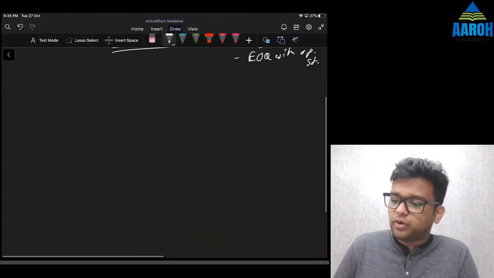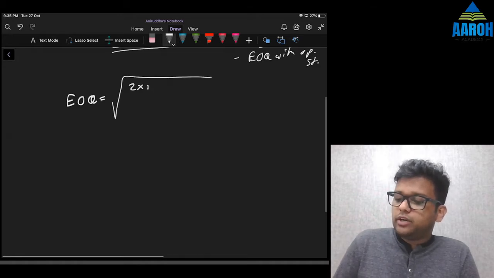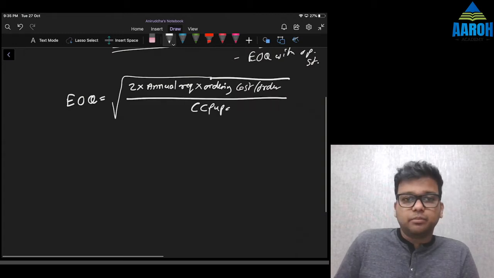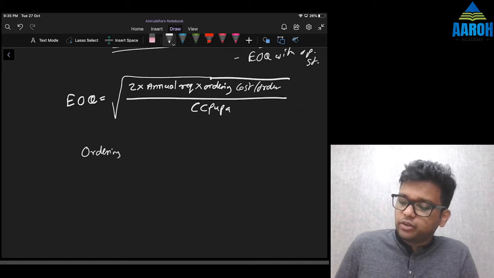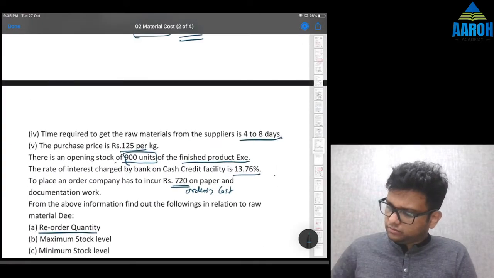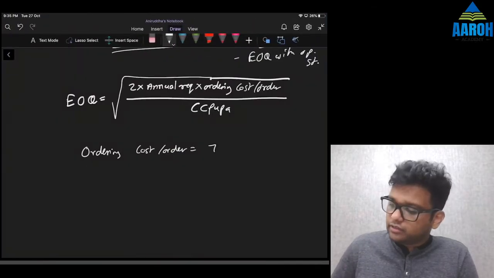For EOQ, what do we need first of all? EOQ is the square root of 2 into annual requirement into ordering cost per order upon carrying cost per unit per annum. Let's see what we already have. We already have the ordering cost per order because they have directly given it. That is 720 rupees per order.